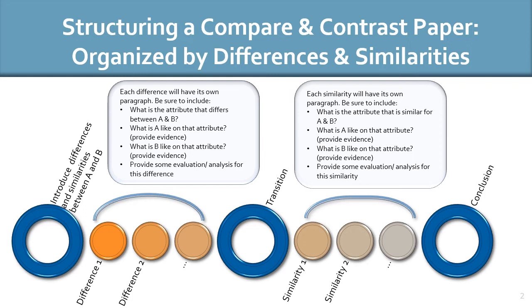So for example, you might talk about the sweetness of the fruits. And both apples and oranges are sweet. You'll provide evidence for apples and oranges both being sweet, and then you'll provide some evaluation. Finally, in your conclusion, you'll summarize the similarities, the differences, and what it means. And that's the first approach for compare and contrast papers.